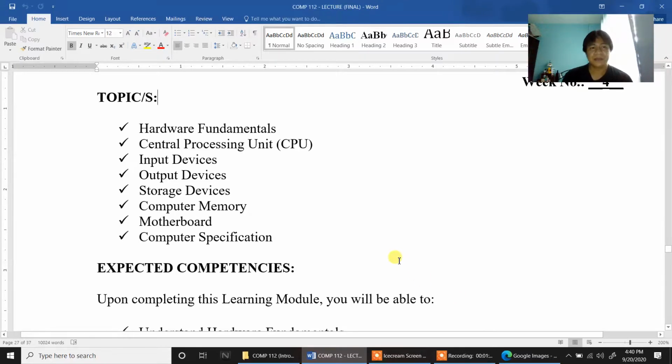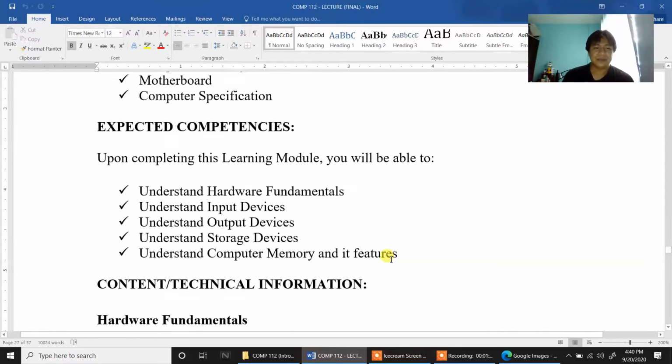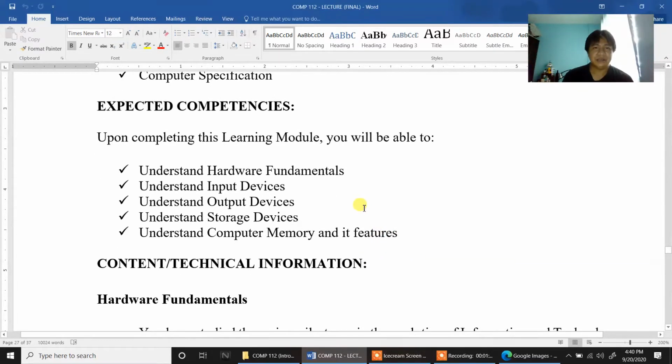Your competency for this learning module is to understand what hardware fundamentals are, understand input devices, output devices, understand also the storage devices, understand the computer memory and its features. So those are the different expected competencies with regards to the week 4 learning module.